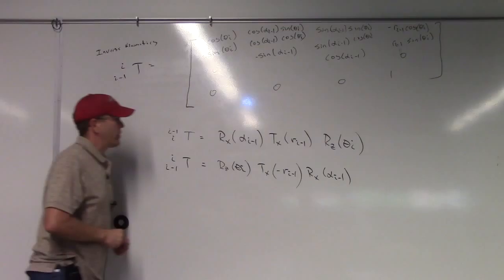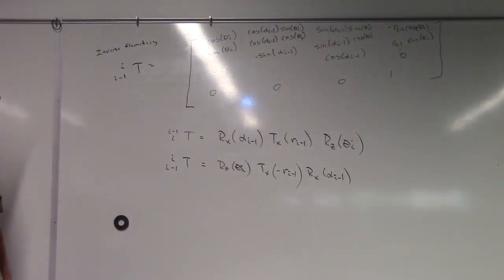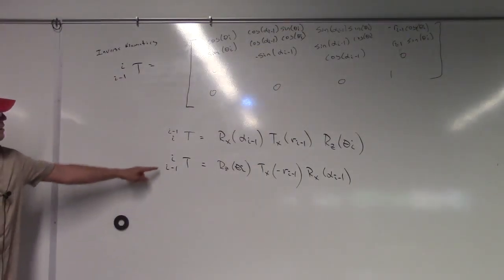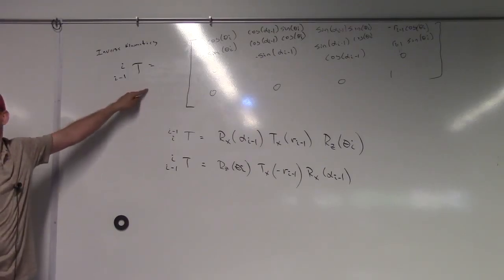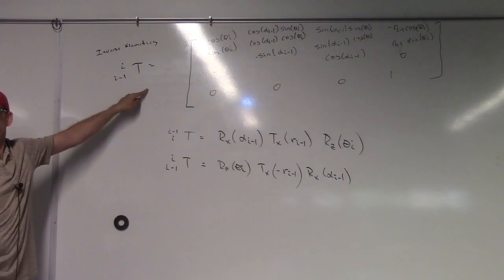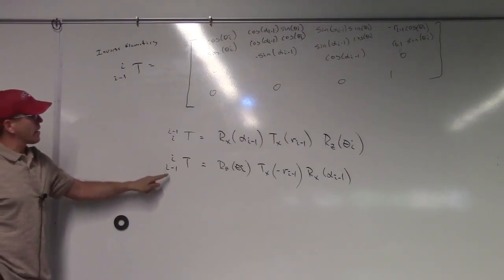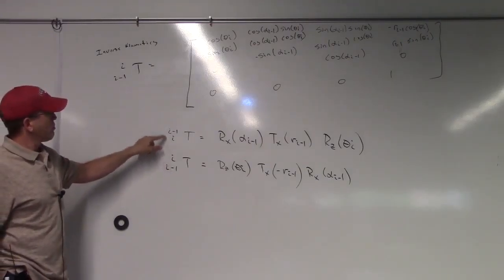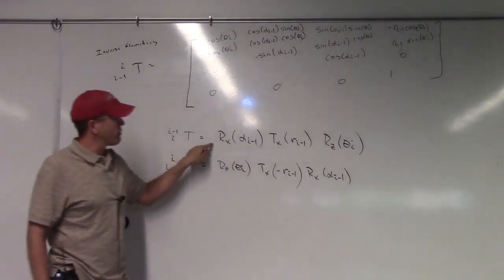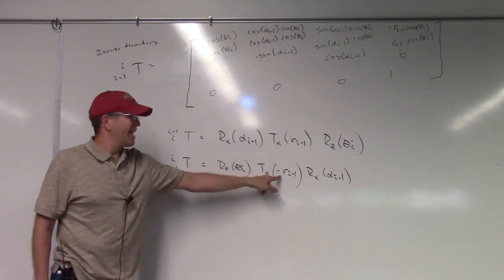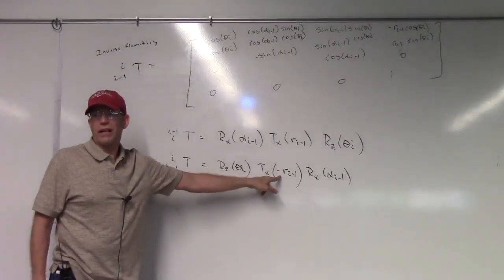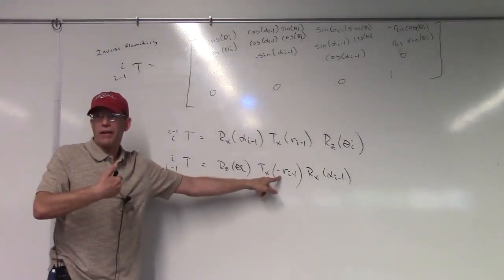And sure enough, if you're curious and have nothing going on Saturday night, you could go through and do this operation and end up with this exact same result. Okay? And you can see that all I did when going through this thought process was reverse the order of these operations. I had to introduce a negative displacement along x, but that's just because we're moving backwards.